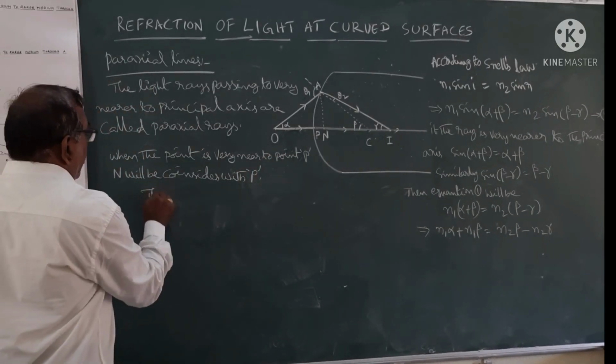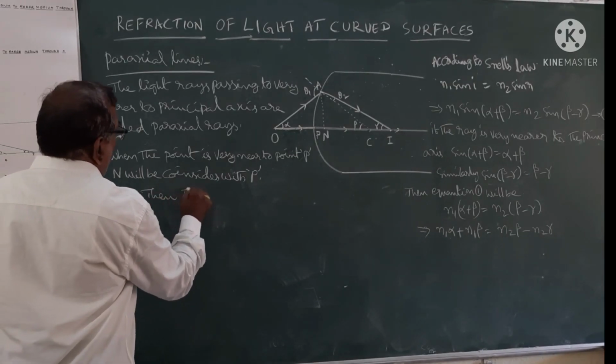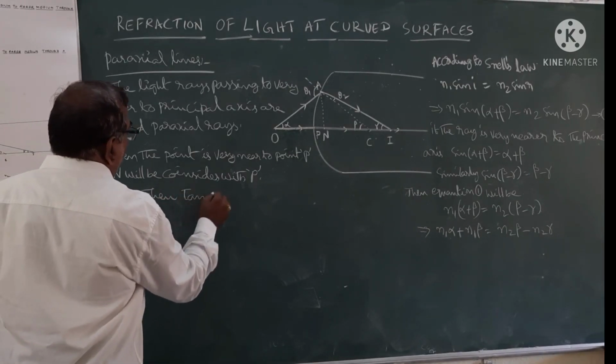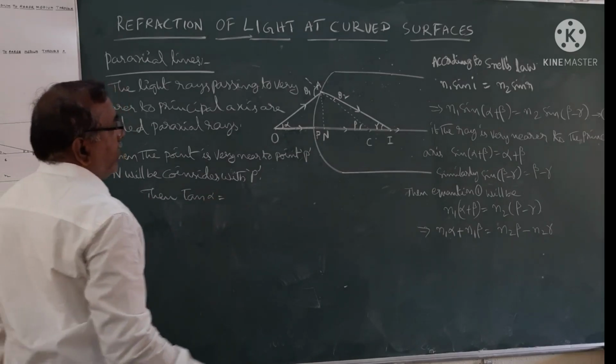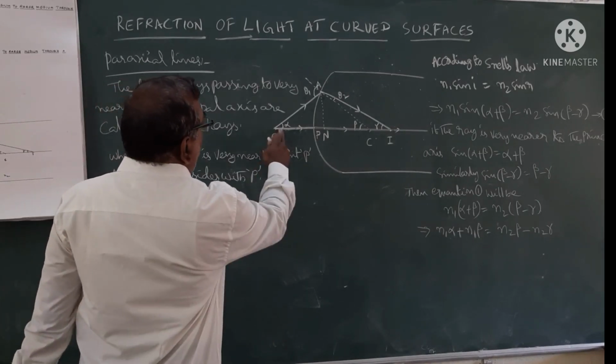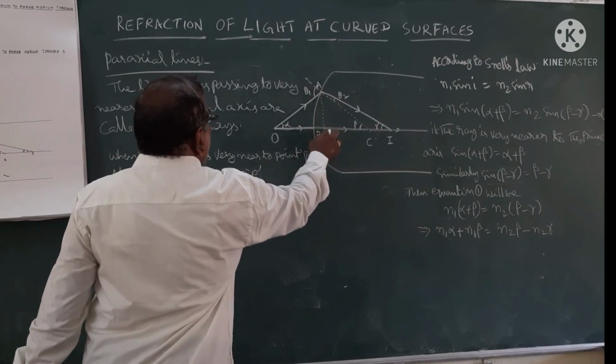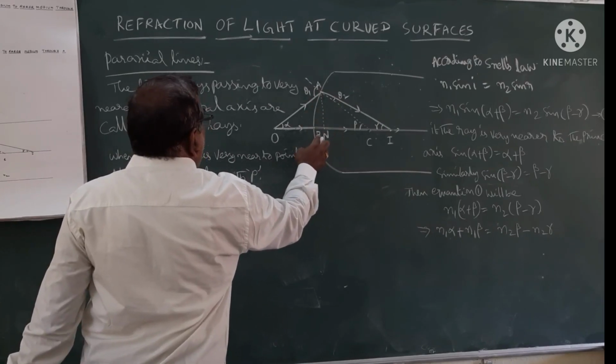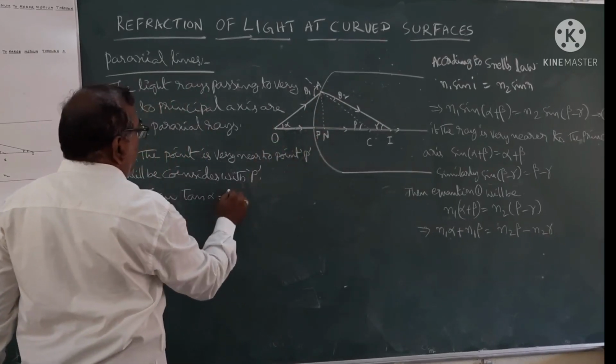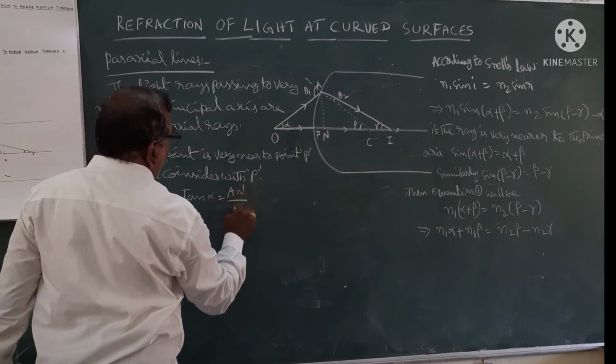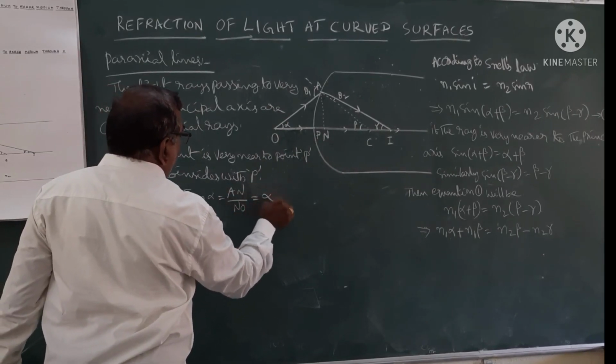Then tan alpha is equal to AN by NO, which is equal to alpha.